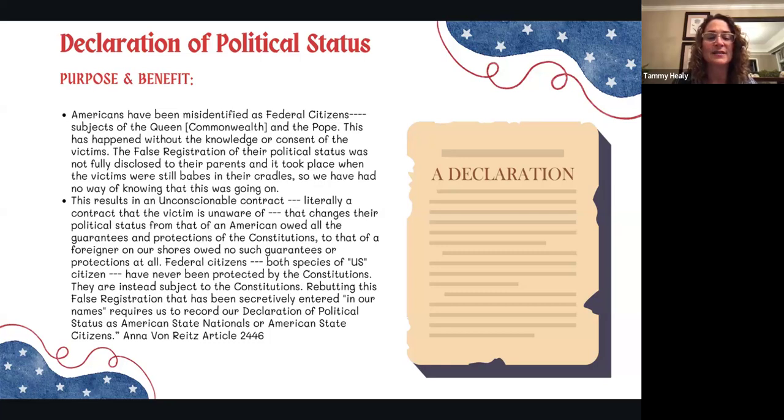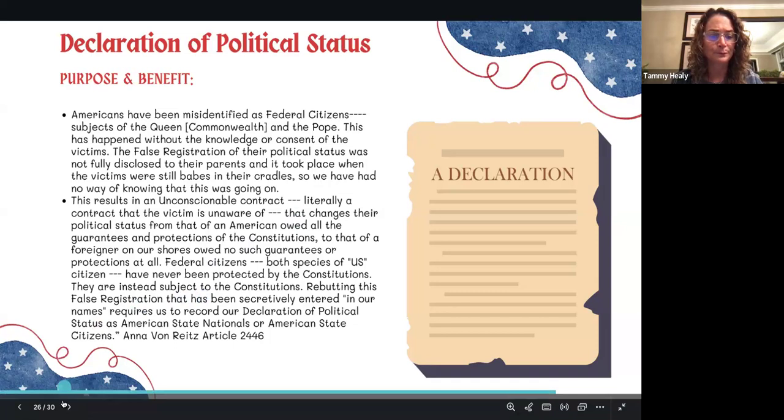They are instead subject to the constitutions. Rebutting this false registration that has been secretively entered in our names requires us to record our declaration of political status as American state nationals or American state citizens. And again, you could read Anna's article 2446 for more in-depth information on that.